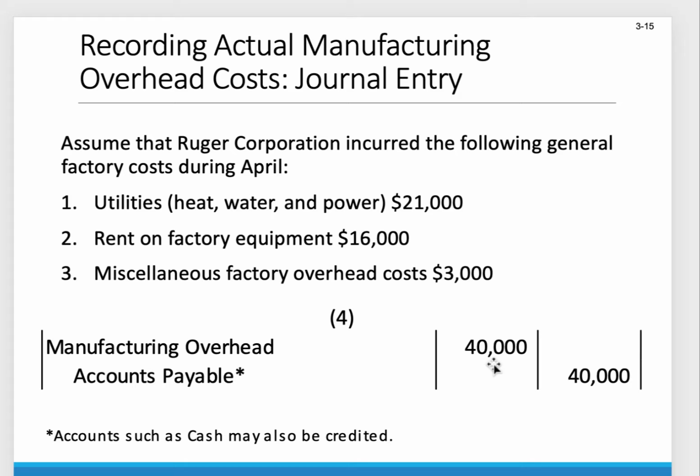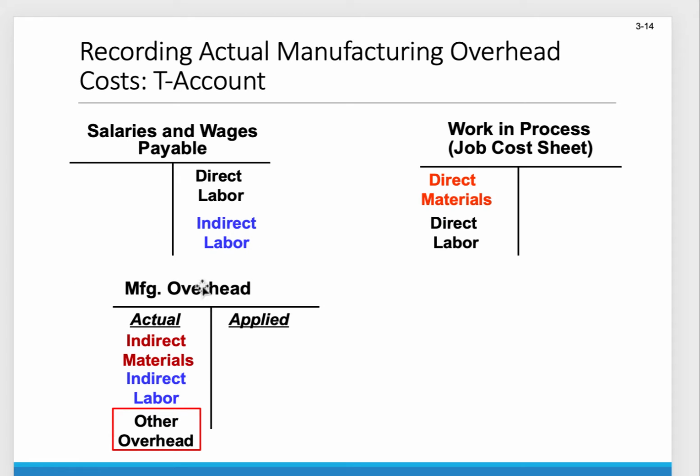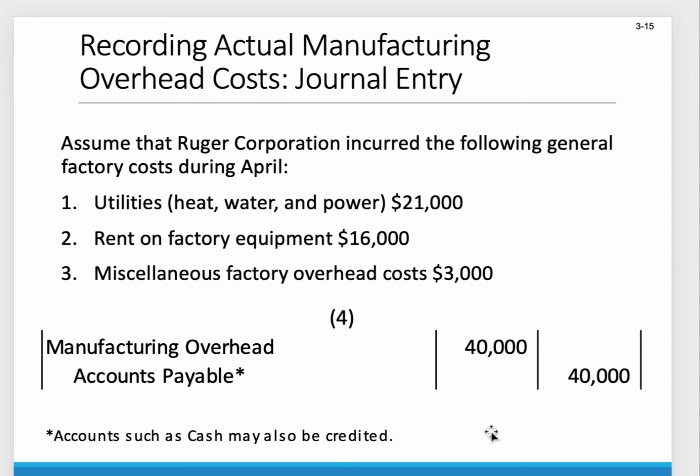Don't get too hung up on that. As long as you can understand that we need to debit manufacturing overhead for all these other overhead accounts that are actually incurred, the credit to that is we're just going to say it's accounts payable and be done with it.